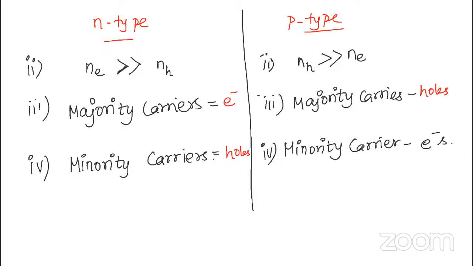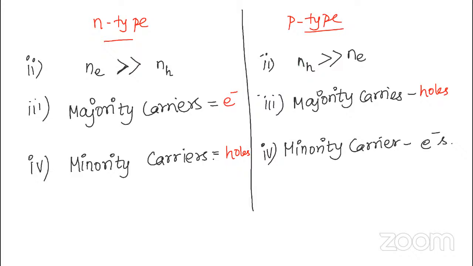So that is the difference between N-type semiconductors and P-type semiconductors. The four points are very, very important. Is it clear to all? So I have given it in one clue.